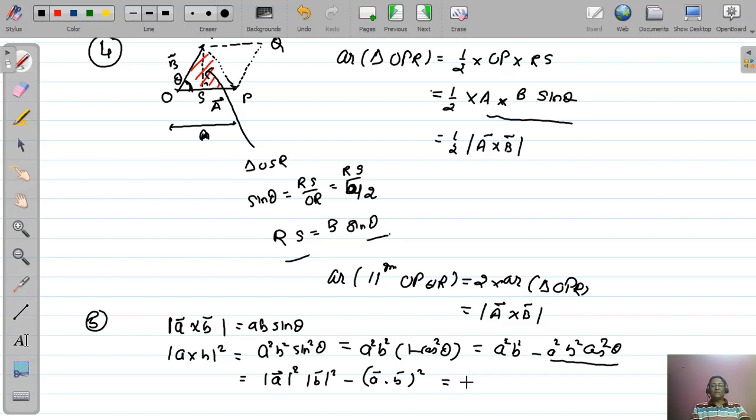It can also be written as vector A dot vector A, because vector A dot vector A is also A square, into vector B dot vector B, minus (vector A dot vector B) square. So this is the Lagrange identity.